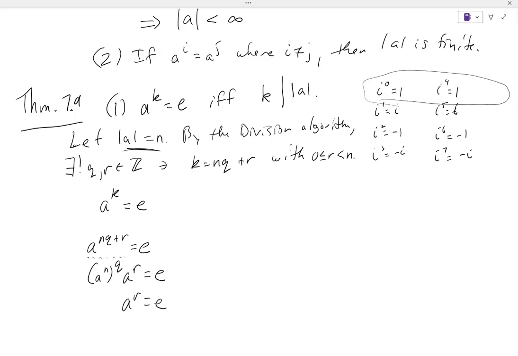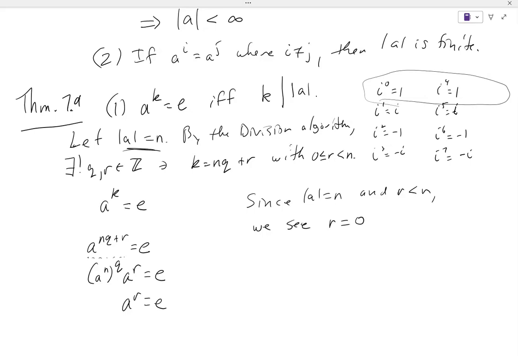So can r be positive if n is the smallest positive? No. So what must r be? Zero, exactly. So since the order of a is n and r is strictly less than n, we see that r has to be 0.